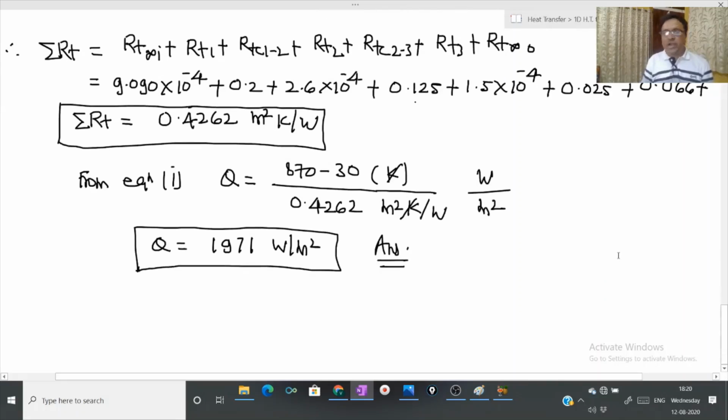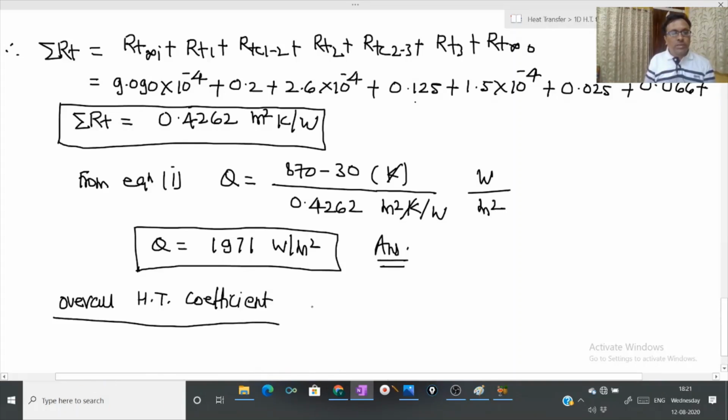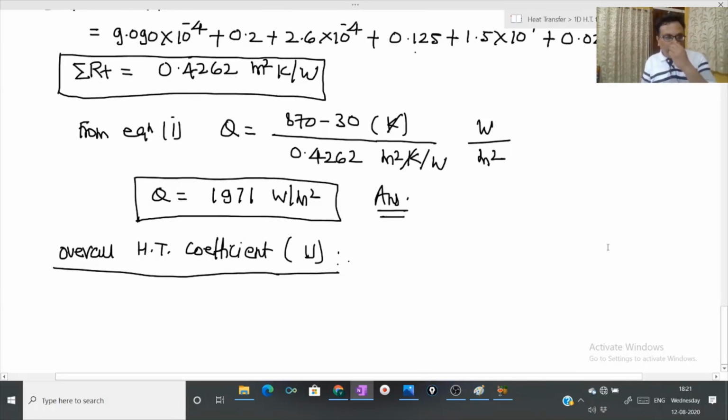Now next part is to calculate overall heat transfer coefficient. This U. So where can we calculate overall heat transfer coefficient? Whenever combined mode of heat transfer comes into picture, we can calculate overall heat transfer coefficient.